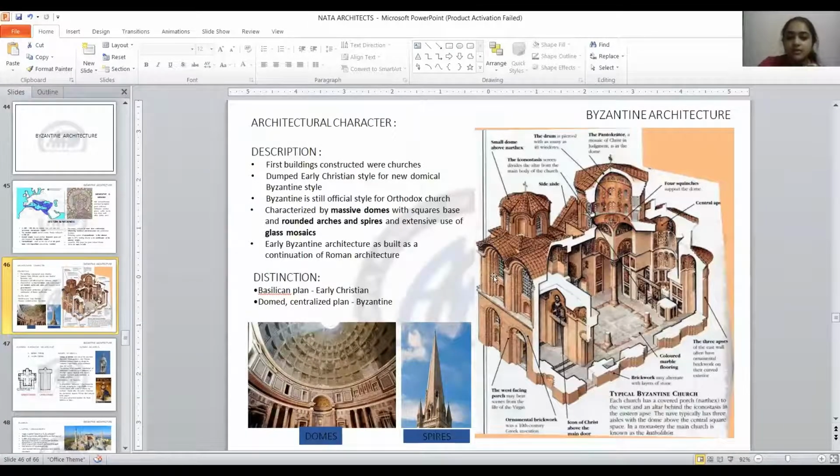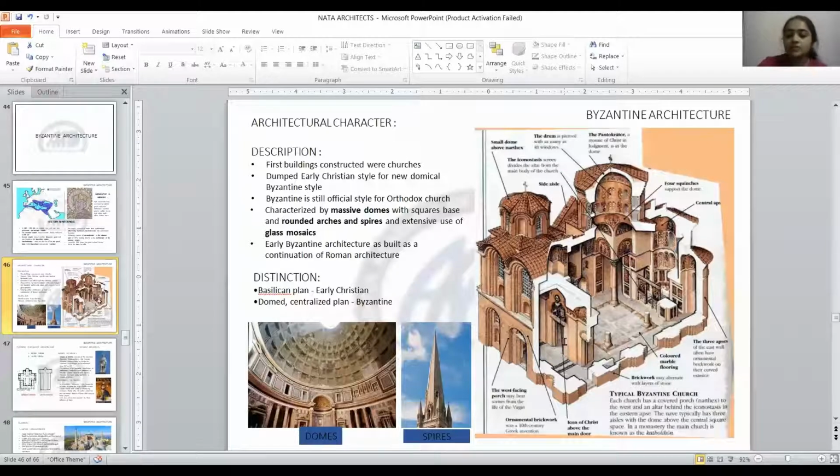Whereas the exterior is very plain. The doors and windows used circular headed arches, which you can see everywhere here. For the windows and the doors they used circular arches.